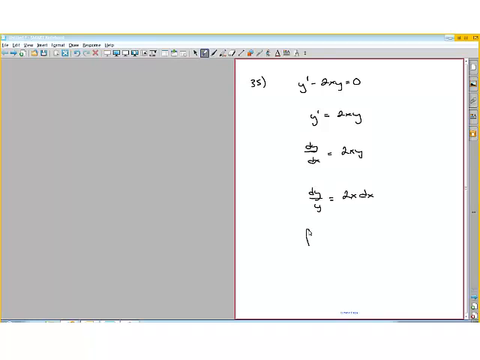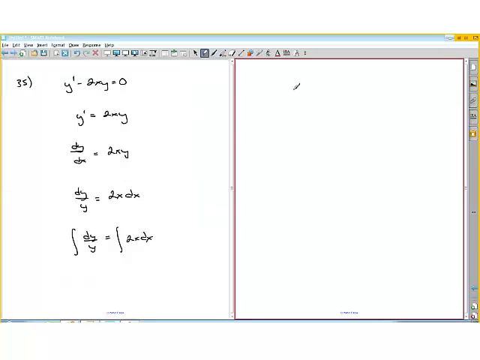Then I integrate both sides. The integral of dy over y is the natural log of the absolute value of y. The integral of 2x dx, the integral of x is x squared over 2. And we have our arbitrary constant. These cancel out.